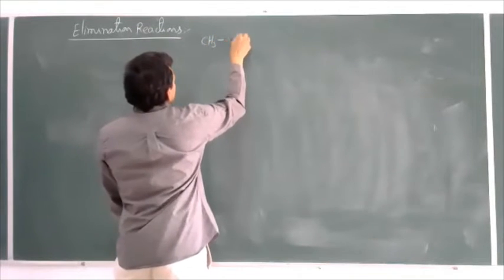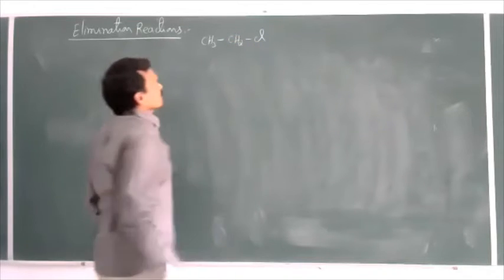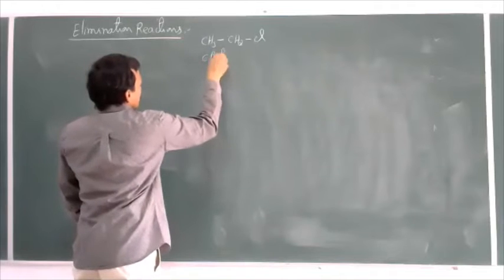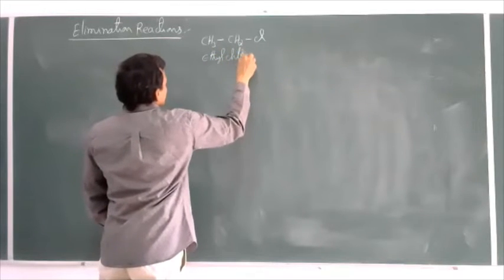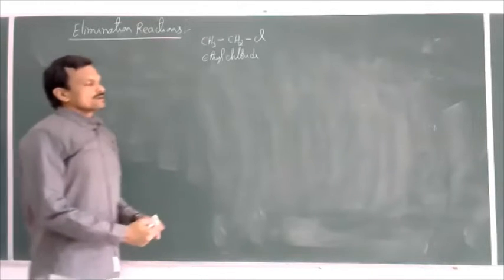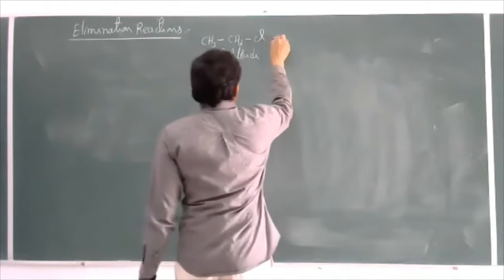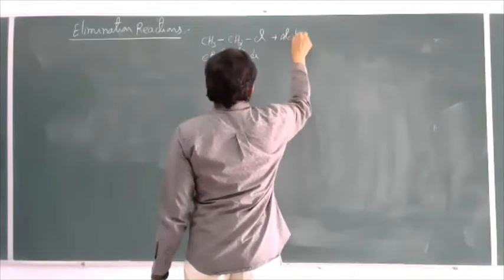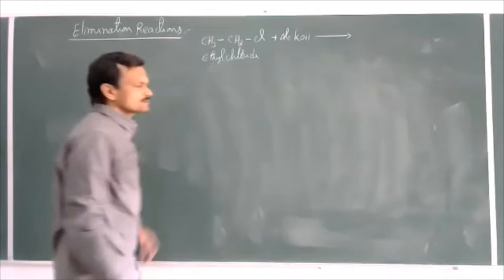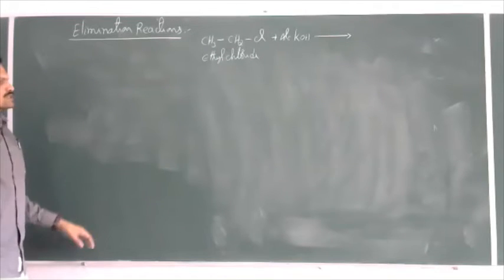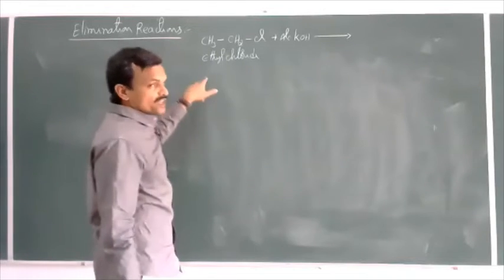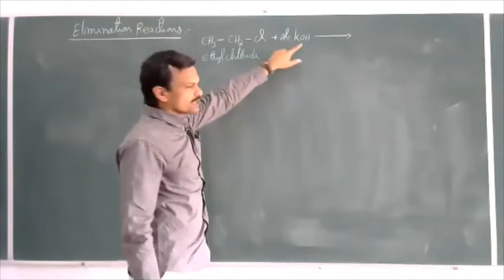CH3CH2Cl, nothing but ethyl chloride. So when ethyl chloride is allowed to react with alcoholic KOH... In the earlier nucleophilic substitution reactions, we have taken aqueous KOH.